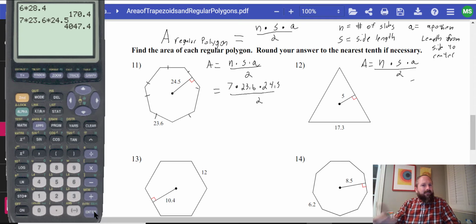But wait, that's not the answer, because what did we forget to do, everybody? Look at the equation. We did 7 times 23.6 times 24.5. What are we missing? We forgot to divide by 2. So we're going to divide by 2.